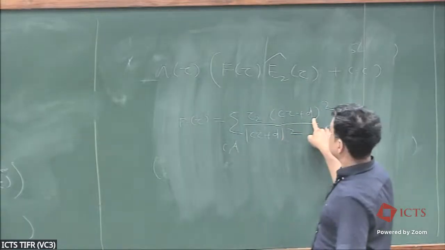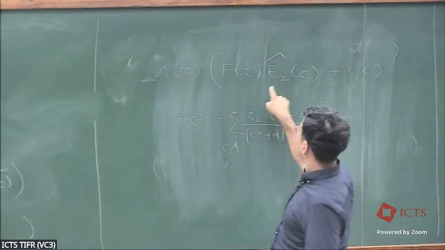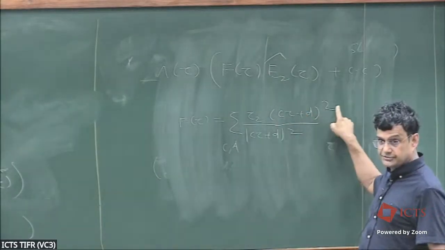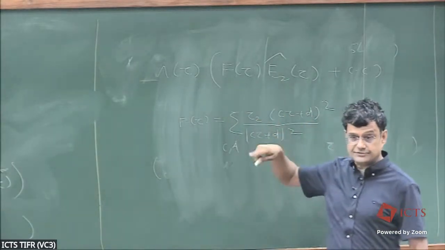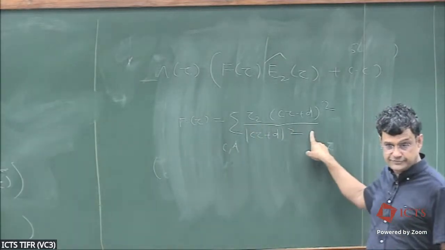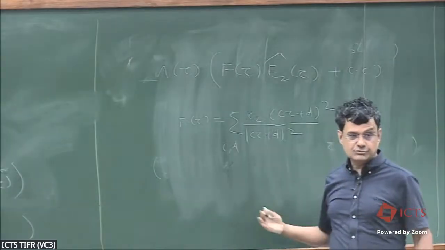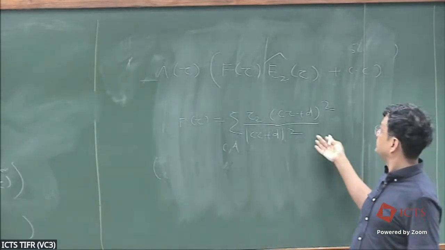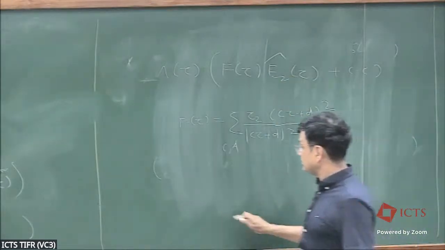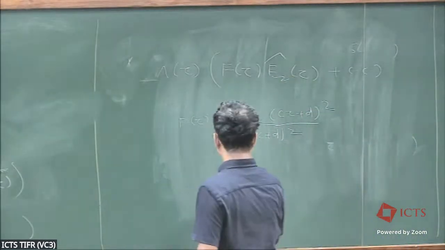This C tau plus D comes because when you do the modular transformation, this is a modular form, so it will give you a factor of (C tau plus D) whole square. And tau 2 itself also transforms in this manner. So the total function is of this form, and it seems to have the right properties to cancel the modular properties of this and give you a modular expression. But this sum is not convergent.